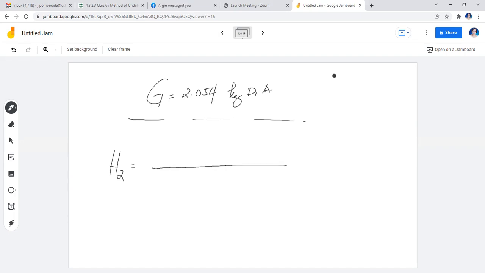It should contain the water that it originally has, so its initial humidity, which you have to multiply with G because this is per kilogram dry air. That way it will be water vapor plus the water vapor coming from the wet stack, 0.046. We divide by, of course, the G, which is 2.054. This is the humidity of your exit air.